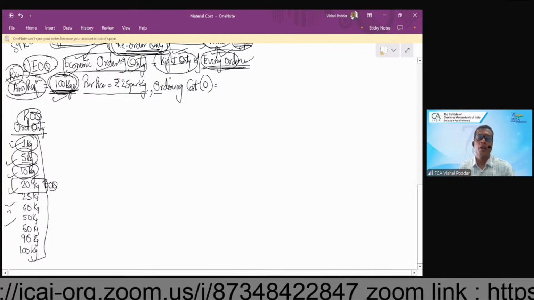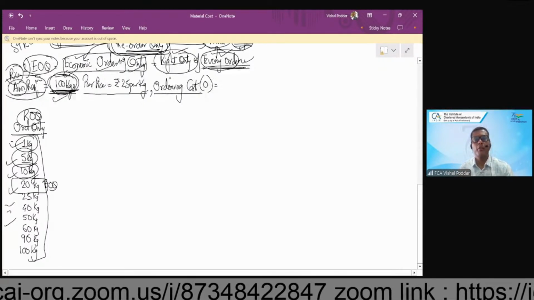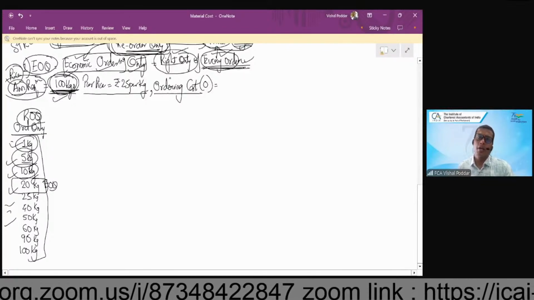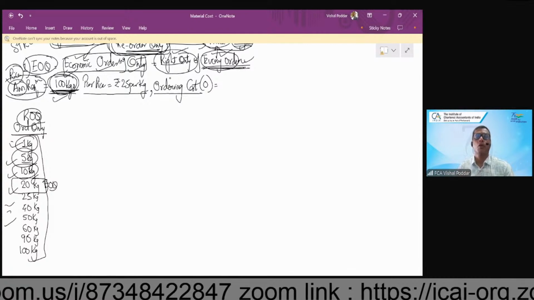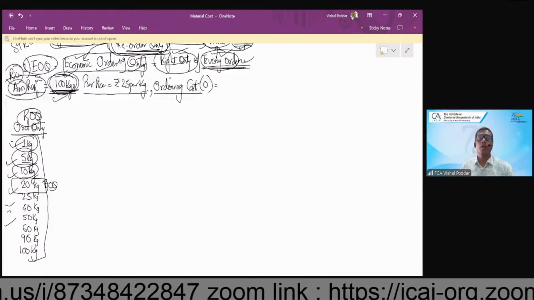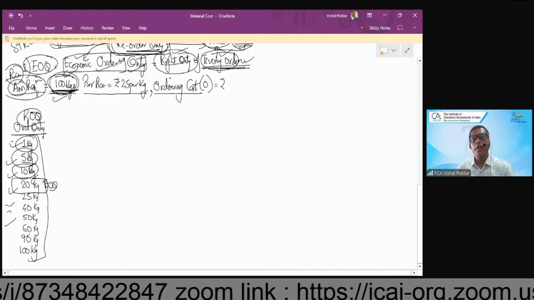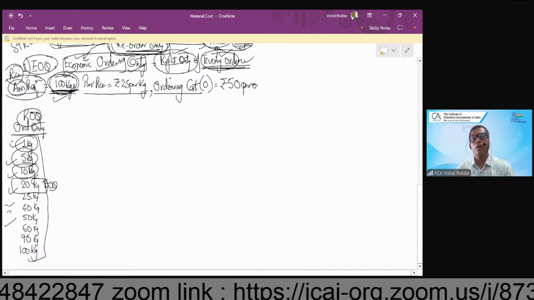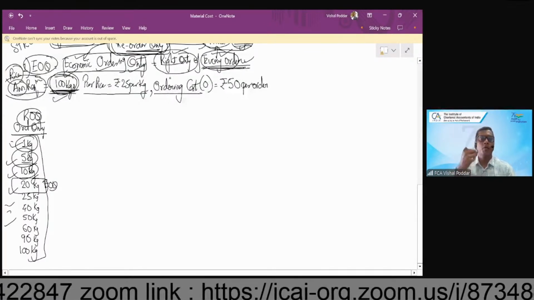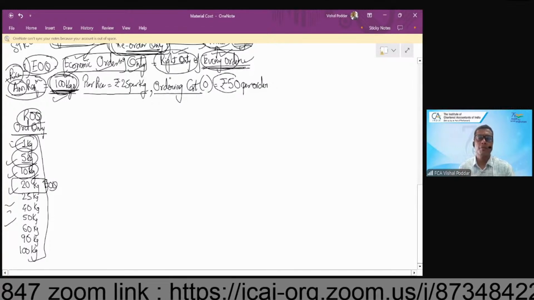That cost that you incur every time you place an order, like in my example, you go to the market to get the quantity. That cost of going to the market, the travel costs involved, your time involved, is called ordering cost. Let us say it comes to rupees 50 per order. Per order means every time you go to the market, you spend rupees 50.